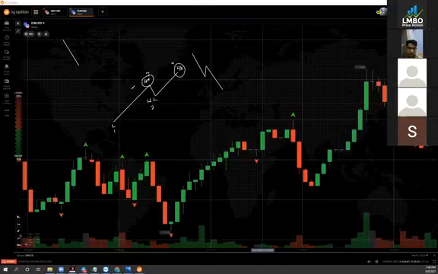Minimum 2 lower lows confirm there is a downtrend, and there will be a lower high also. This will be your high, lower low, lower high, lower low. It will be your downtrend confirmation. So this is used for the downtrend, and this is used for the uptrend.